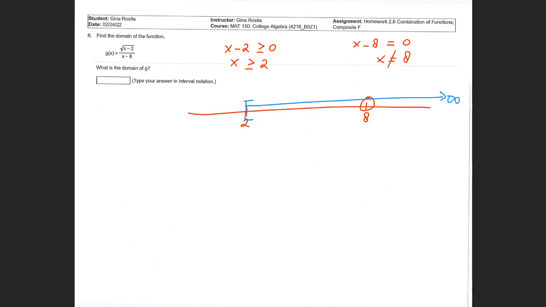Be careful, x is not equal to 8. So the domain of g is the interval from 2 to 8, open because not included, union 8 to infinity, open because not included.